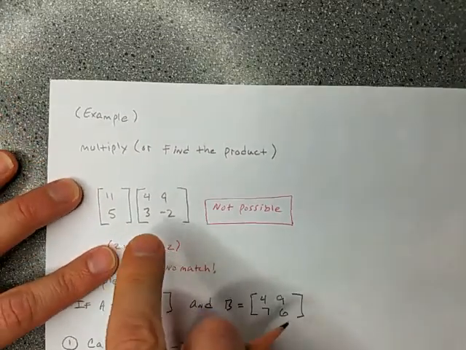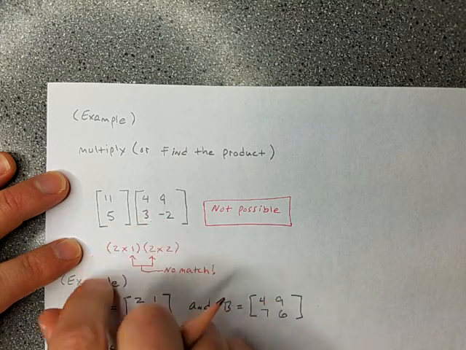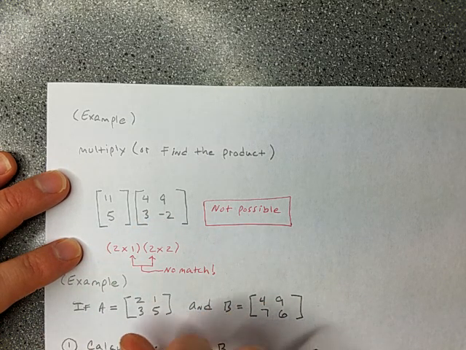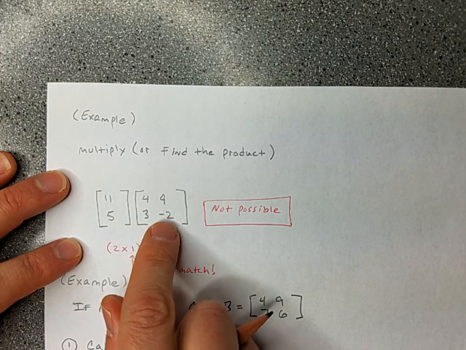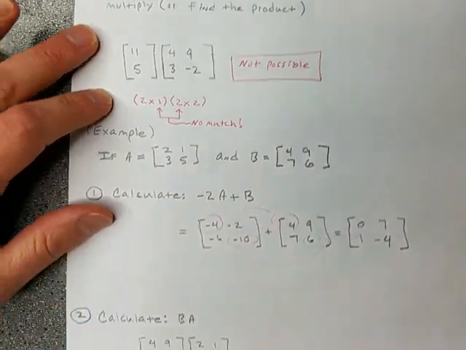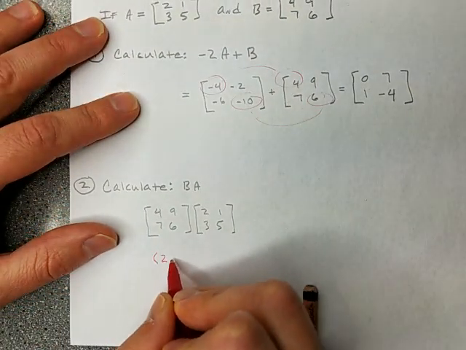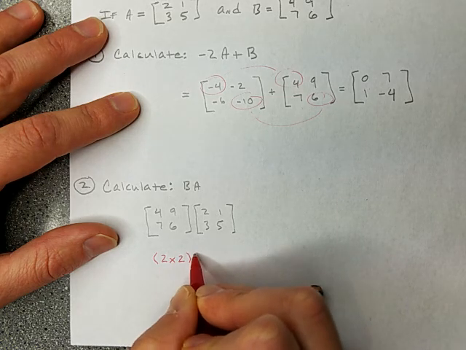Sometimes it's not possible to multiply matrices. They don't align with each other correctly. So we need to write the size or the order of each matrix down and see if those interior numbers agree. This time it won't be a problem, because what's this one? 2 rows, 2 columns, right?